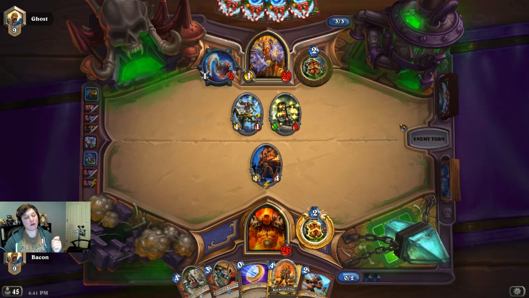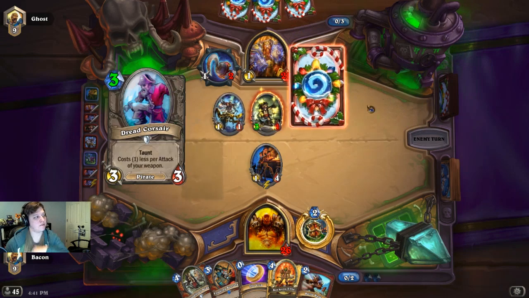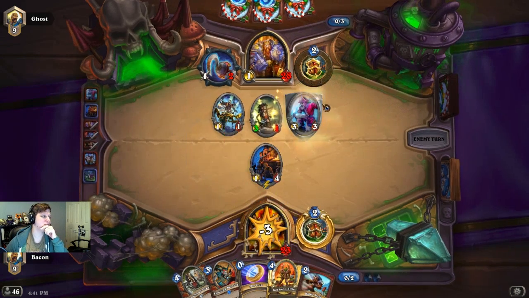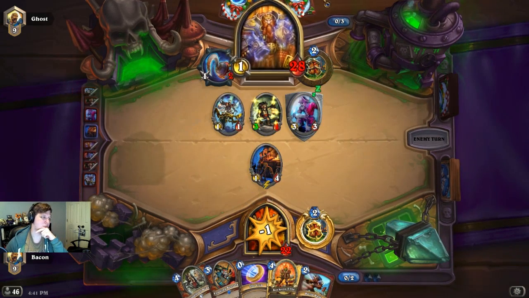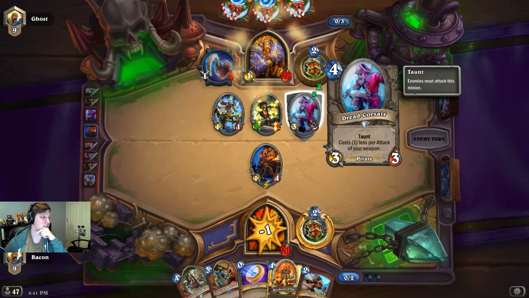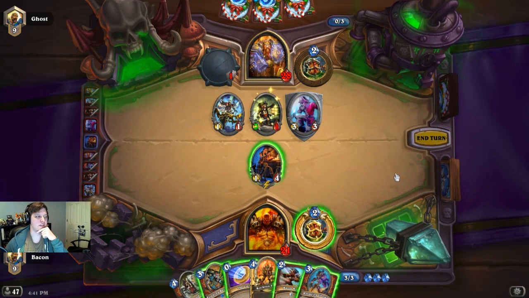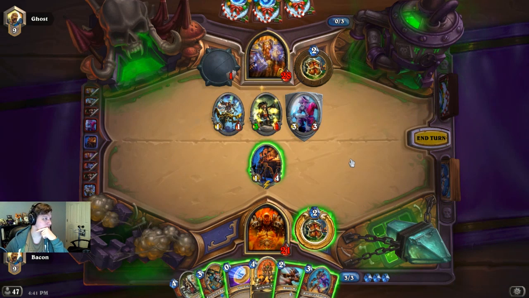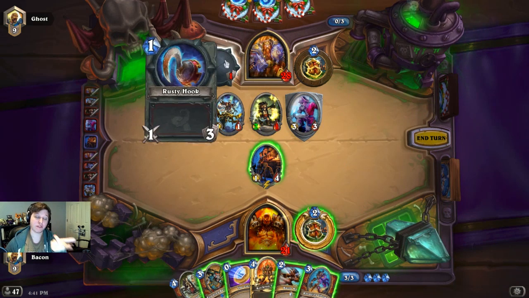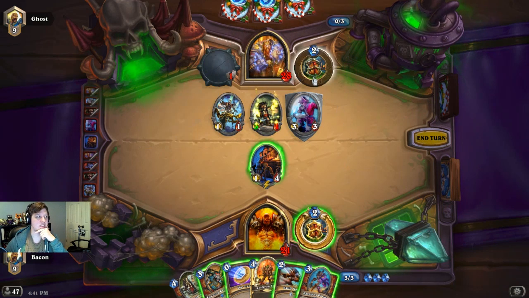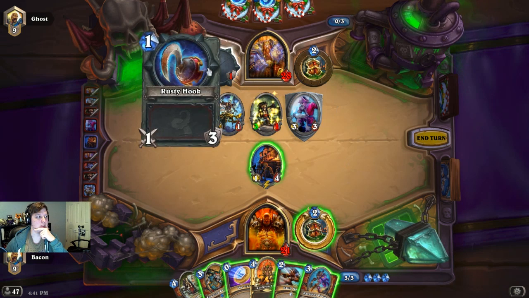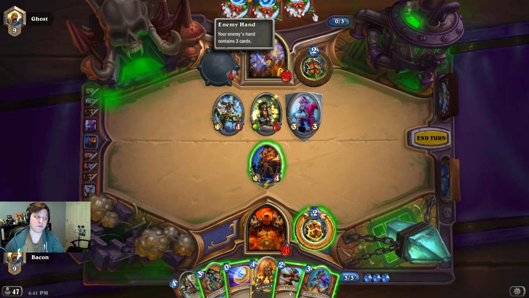So what's their best possible play here? Best possible play would not have been Dread Corsair, right? So they play this out real quick, and their best possible play, I believe, would have been the 3/4 pirate that would have buffed their weapon. So either they don't have that, or they're maybe not wanting to buff this up so that they can play an Arcanite Reaper on turn 5.